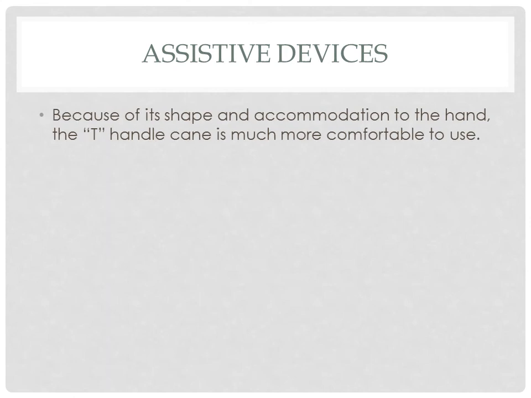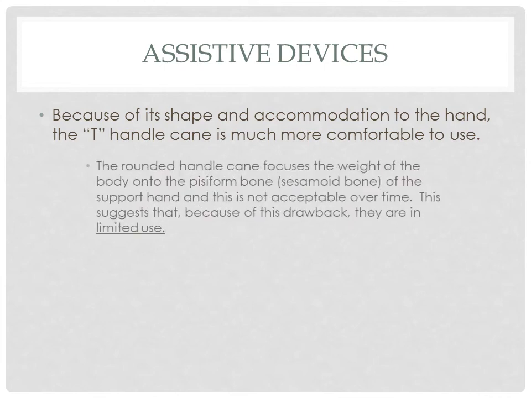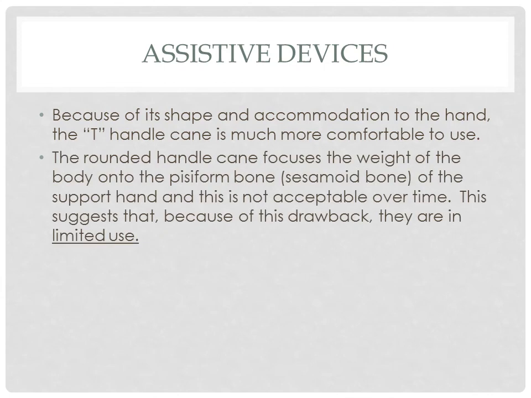Now, because of its shape and its accommodation to the hand, the T-handle cane is much more comfortable to use than is the rounded handle cane. The rounded handle cane focuses most of the weight onto the pisiform bone of the support hand.